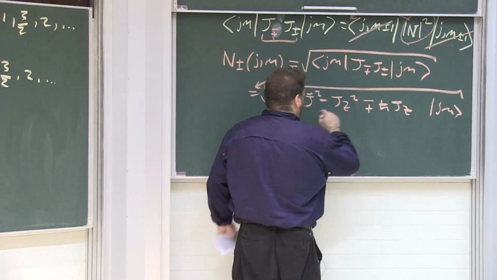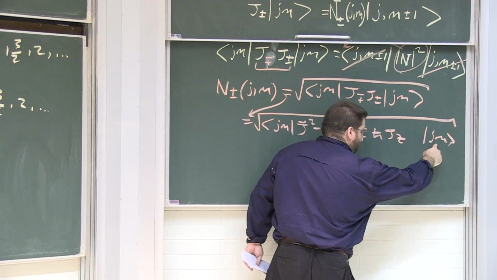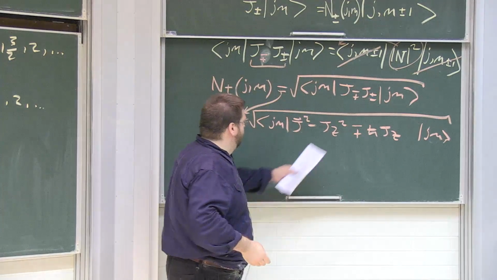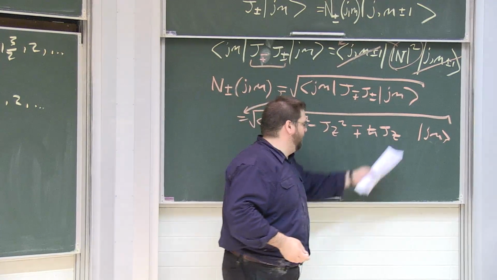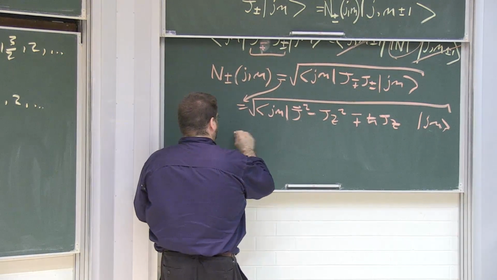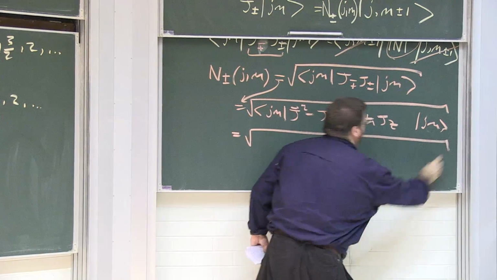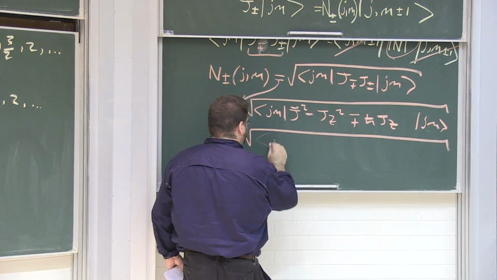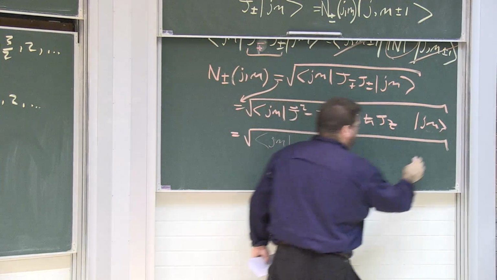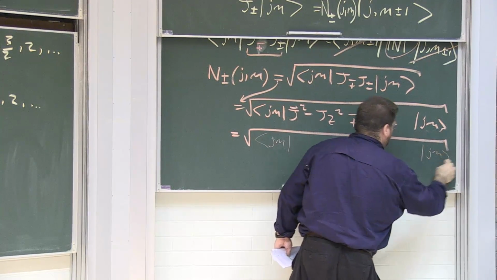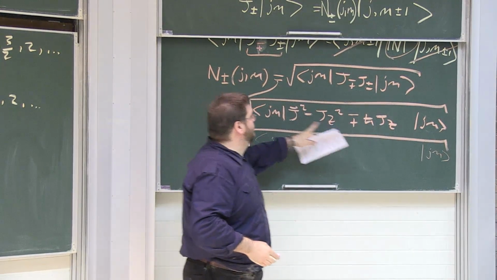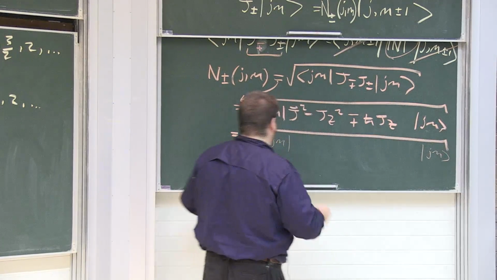Yep. J squared acts on jm to give an eigenvalue. Similarly with jz squared, similarly with jz. So let's do this. We're working out n plus or minus. So let me write the jm lightly, because I'm going to cancel it soon. J squared pulls out a j(j+1) ħ squared.